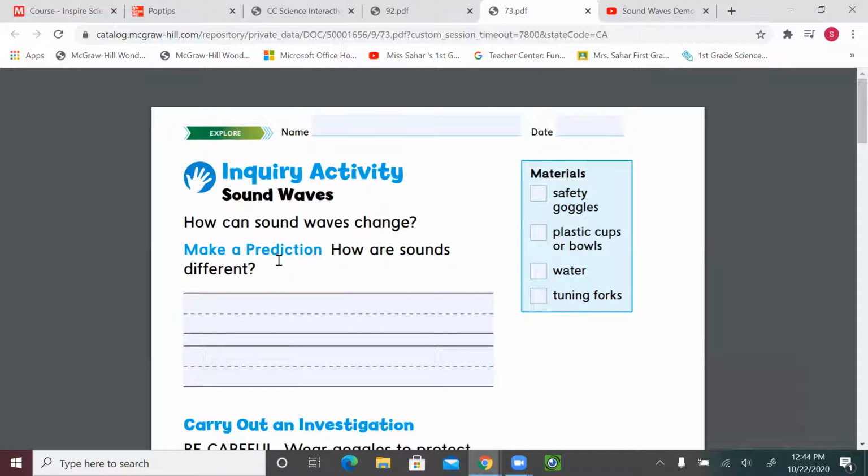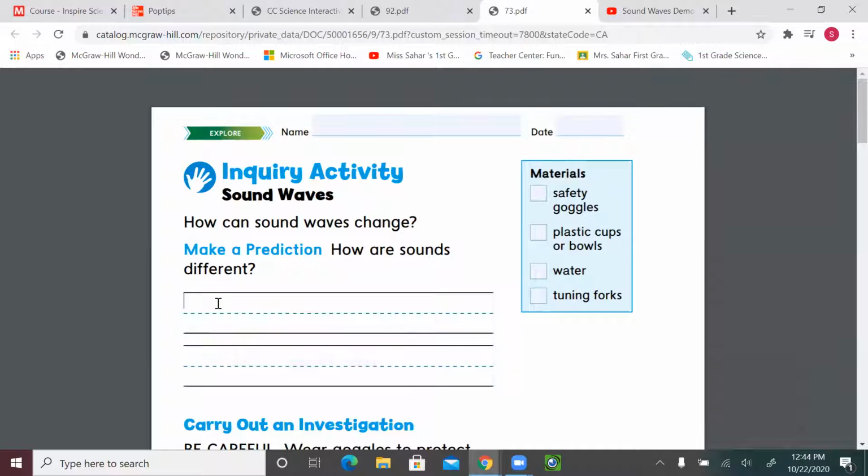For example, make a prediction of that. How are sounds different? Remember when we heard the elephant video and we know that they make different sounds? So how were the sounds different? Yes, sounds can be loud or soft. Very good.